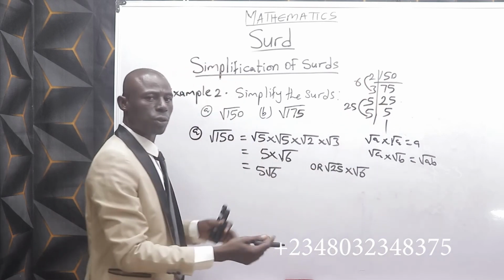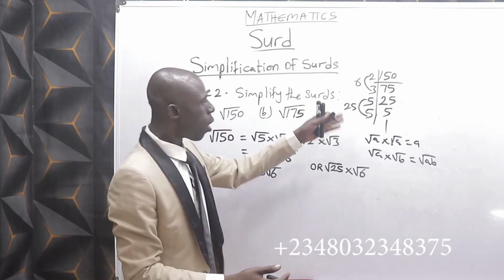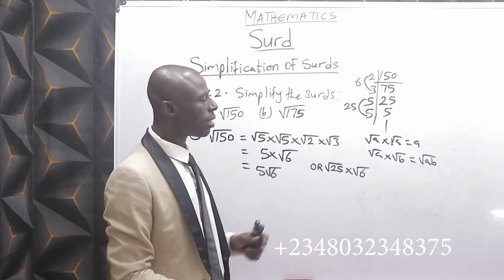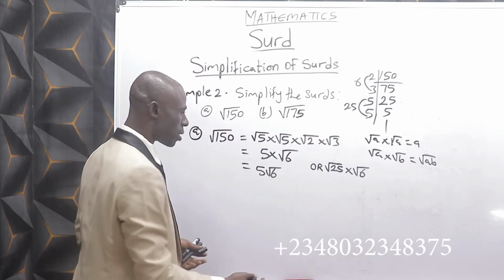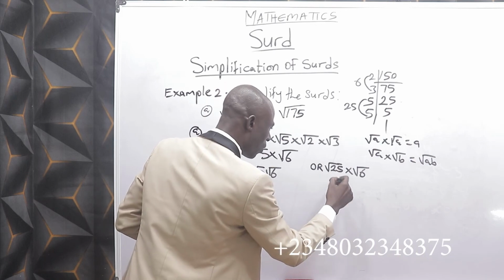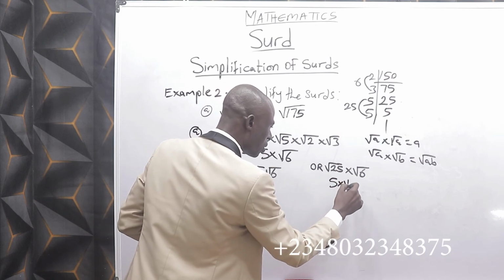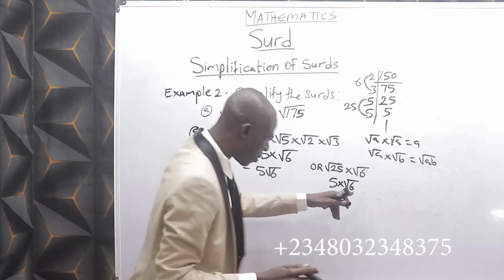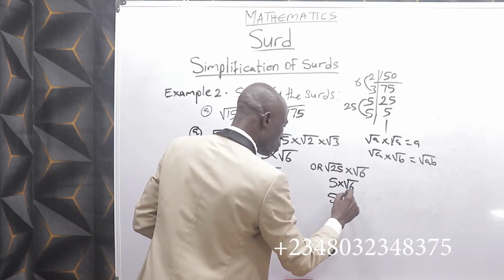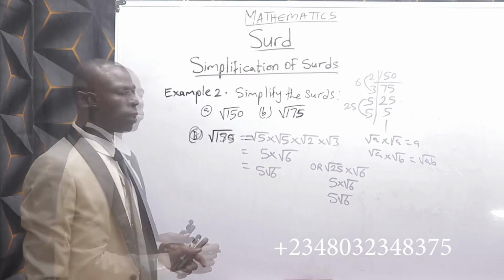You can see that between 6 and 25, one is a perfect square, one is a non-perfect square. 6 is a non-perfect square, 25 is a perfect square. So you are still good to use them. So square root of 25 gives us 5 times square root of 6, that is a non-simplifiable surd. So answer is 5 root 6.